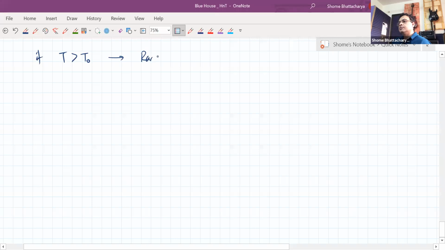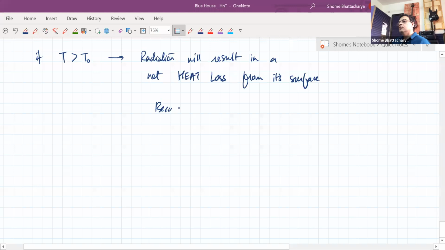The radiation will result in a net heat loss from the body's surface. Why will this happen? Because the rate of emission will become greater than the rate of absorption.